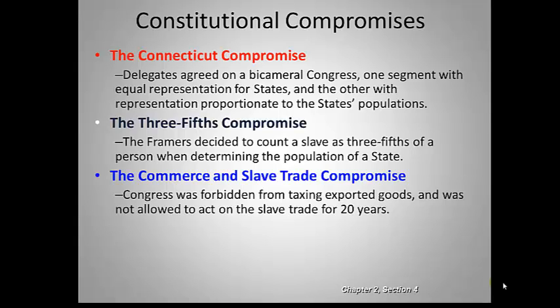And then the slave trade would end in 20 years. By most people, they thought that would end slavery. Slavery was expensive, and it really wasn't paying off until, of course, the cotton gin was invented, and then it really took off, and cotton and slavery became big business.